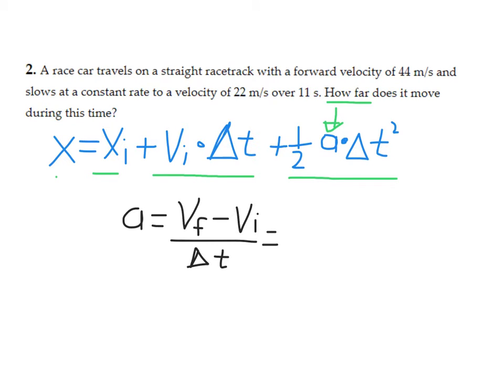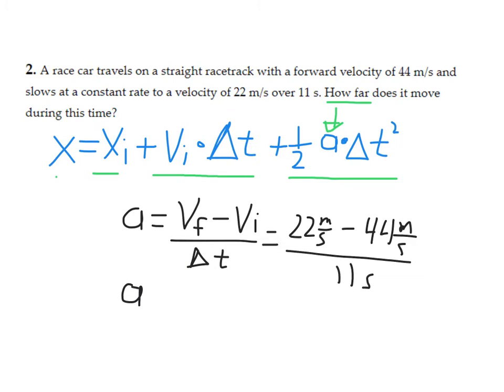So if the final velocity in this case is 22 meters per second and the initial was 44 meters per second and the time interval is 11 seconds, that means that the acceleration will be equal to negative 2 meters per square second. So I already have my acceleration. It's going to be negative because it's slowing down, and now I can actually calculate using the large formula.